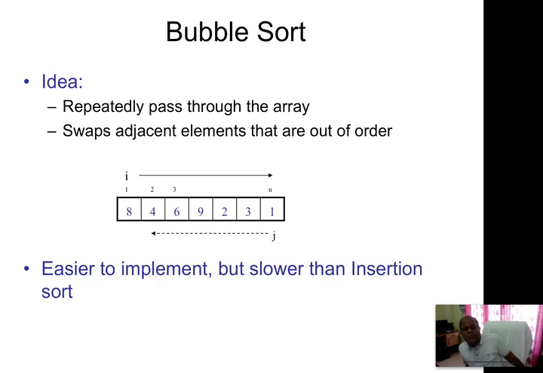In the first pass you compare the elements starting from the last element towards the beginning, and you swap the two adjacent elements if they are out of order. We will see that this algorithm is easy to implement, but slower than insertion sort. How it is slower than insertion sort, we will see.